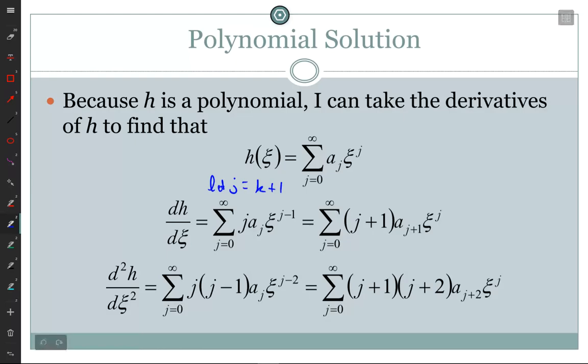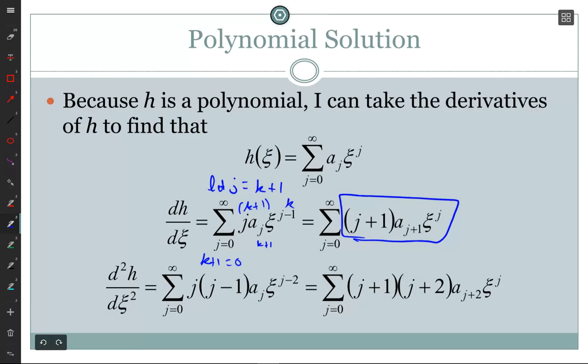So if I do that, I would have k plus 1 equals 0 down here for my limit. And I would have, instead of j, k plus 1 here. Instead of j there, k plus 1. And instead of j minus 1 there, I'd have k. And then when you rewrite that, you're going to have exactly what we have here. Then we just change k into j to get back to this.